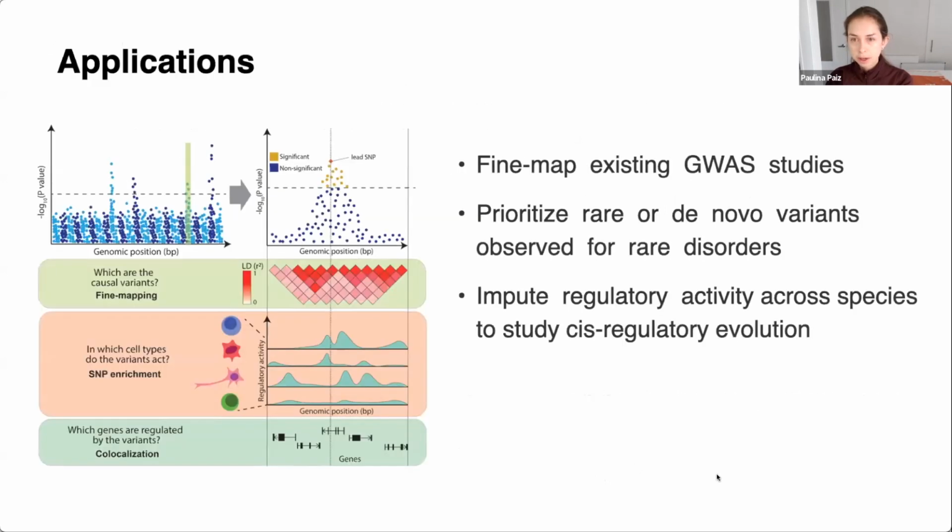And then when we talk about applications, some examples that they gave in the paper are fine-mapping existing GWAS studies, prioritizing rare or de novo variants observed for rare disorders, and imputing regulatory activity across species to study cis-regulatory evolution.